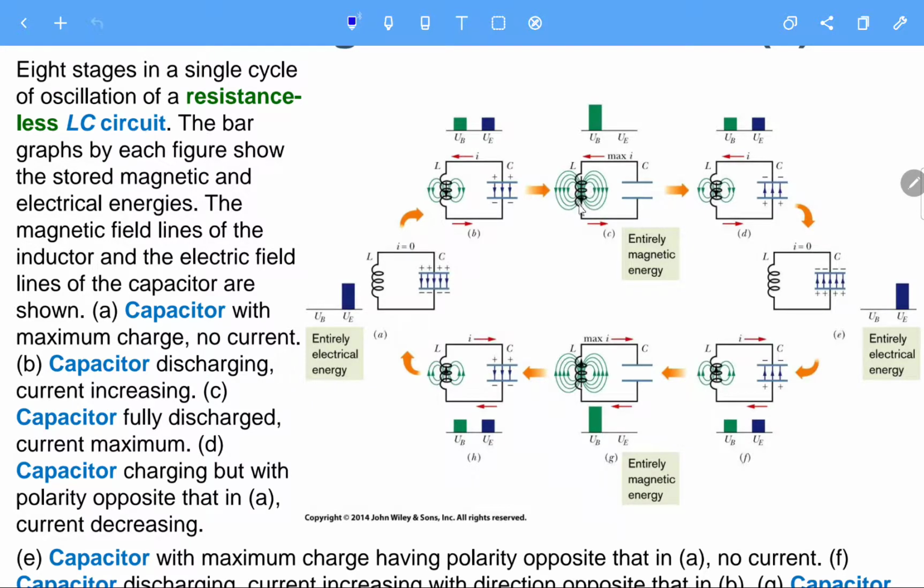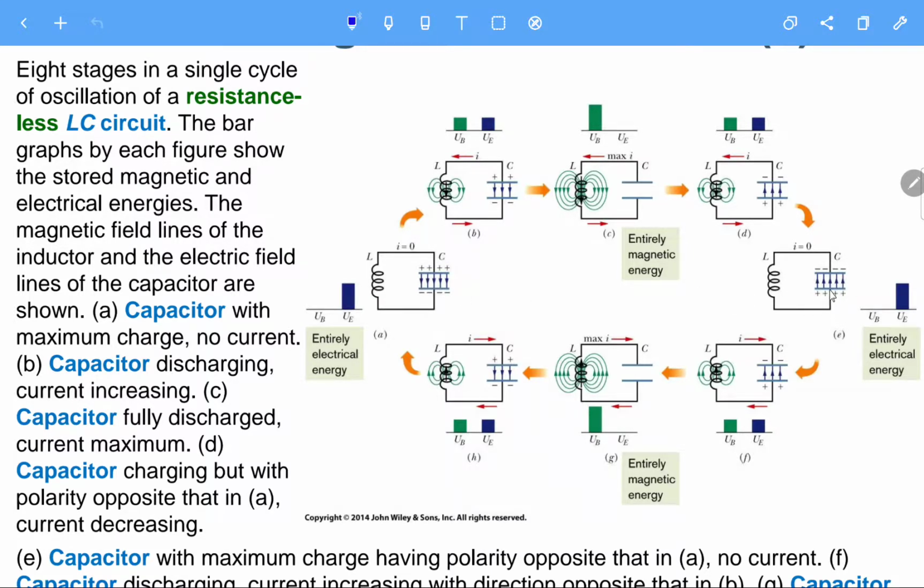So this will just keep on, and then the bottom plate becomes positive. For the earlier stage, the bottom plate is negative, the top plate is positive. So up to here, we have positive bottom plate and negative top plate. And then part of the UB transforms back to the UE. And then it keeps on, so this case is like the first one, but the polarity of the plate is the other way around.